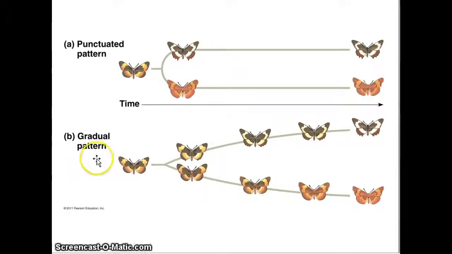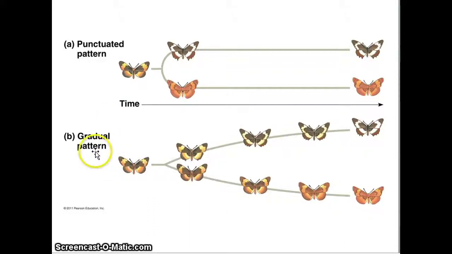With the gradual pattern, it slowly changes eventually into white. You start with yellow, slowly fade a little bit, and eventually the offspring would be just white instead of yellow. And in this one, you slowly get darker and darker, and eventually the whole thing becomes brown instead of yellow.